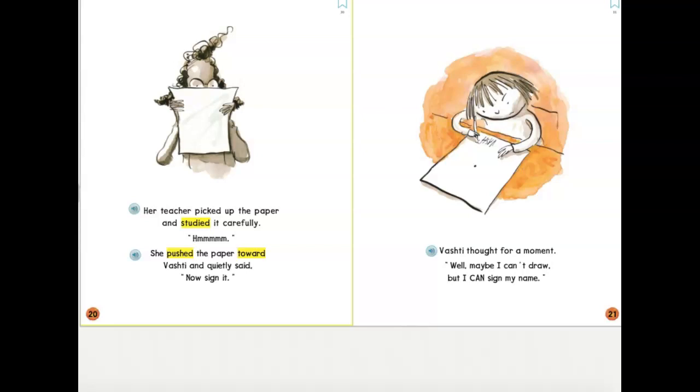Well, we all know how important it is to put your name on your paper. Maybe Vashti's teacher wants Vashti to see the dot that she made as her own artwork. Vashti thought for a moment. "Well, maybe I can't draw, but I can sign my name."